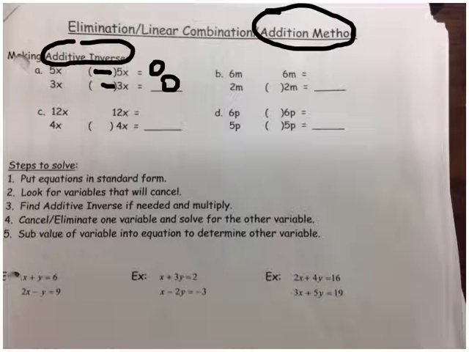We'll multiply through by something. Then we're going to look for variables that'll cancel. We're going to find the additive inverse if we need to and multiply. We're going to cancel and eliminate one variable and solve for the other variable. And then we're going to substitute a value of a variable into an equation to determine the other variable. Okay, so we'll start the first problem and you'll see what we mean.